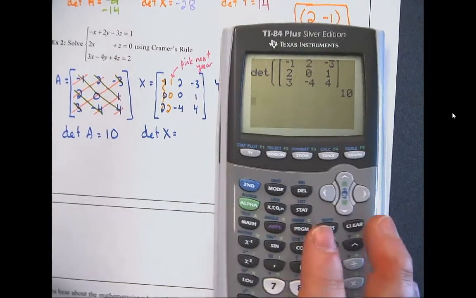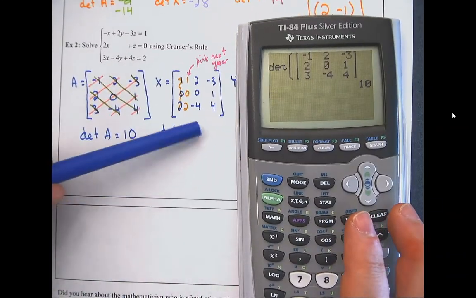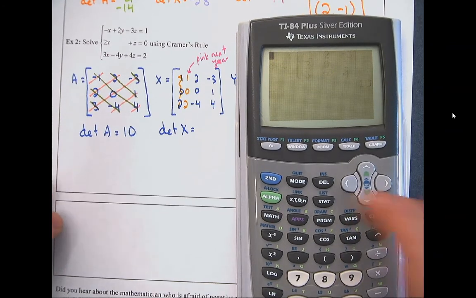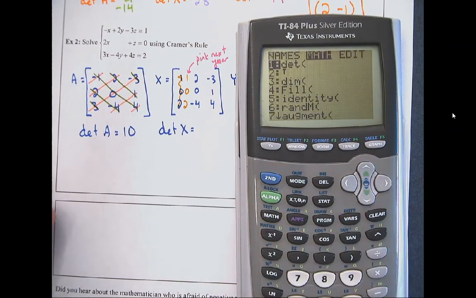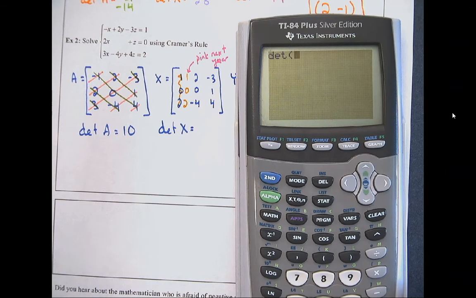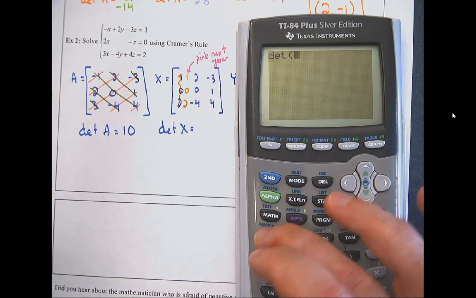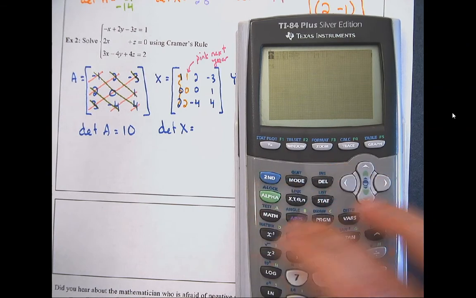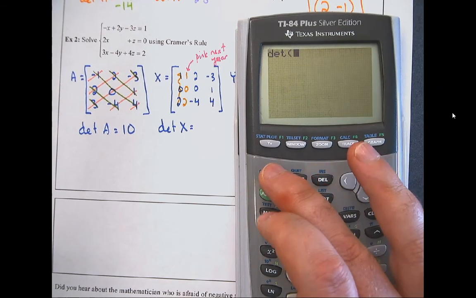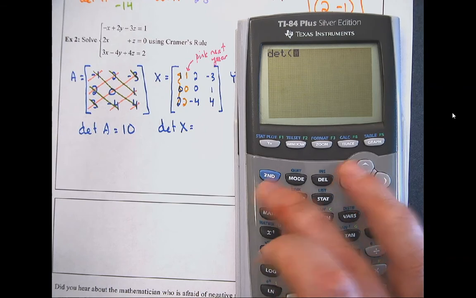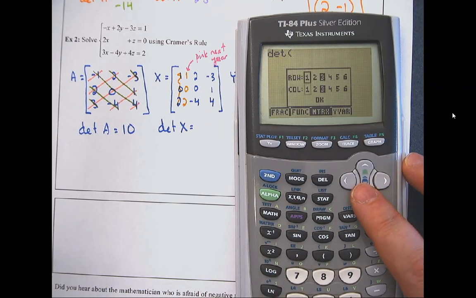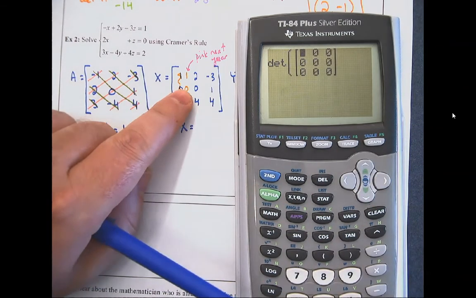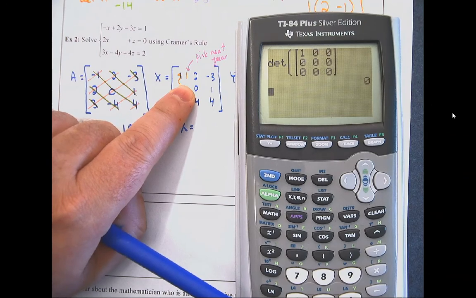So let me show you again how I did that. I'll do the same thing for determinant x. Clear, clear. Second matrix. I've got to go in there and select the determinant feature first. Then I go matrix, my bad. Second matrix, determinant. Then second, not second, alpha F3. This is a 3 by 3 again. And then I put in the coefficients. 1, darn it.